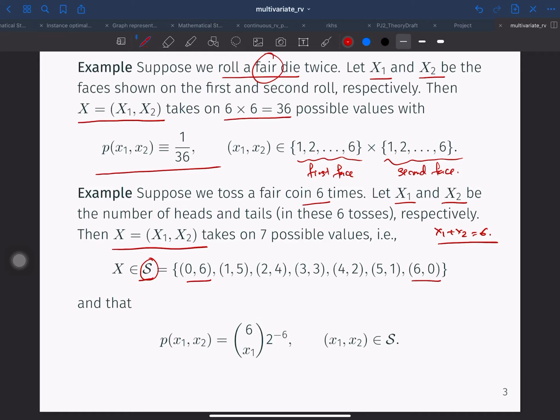And because each of X1 and X2 uniquely determines the other, p(x1, x2) is simply this one, which is just the PMF for a binomial with 6 trials and success probability 1/2.